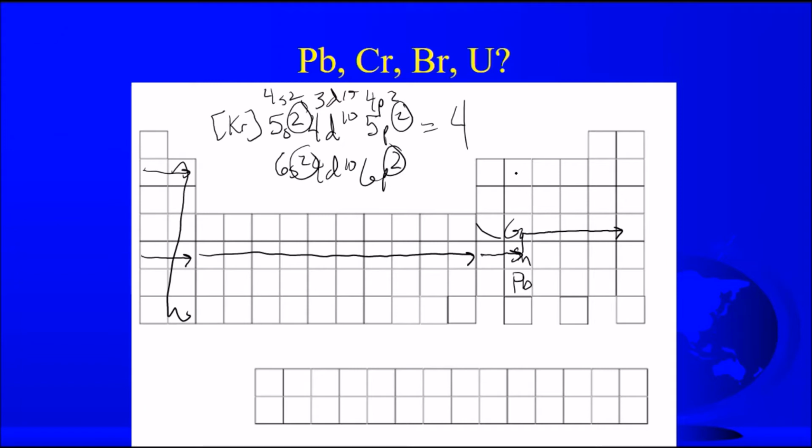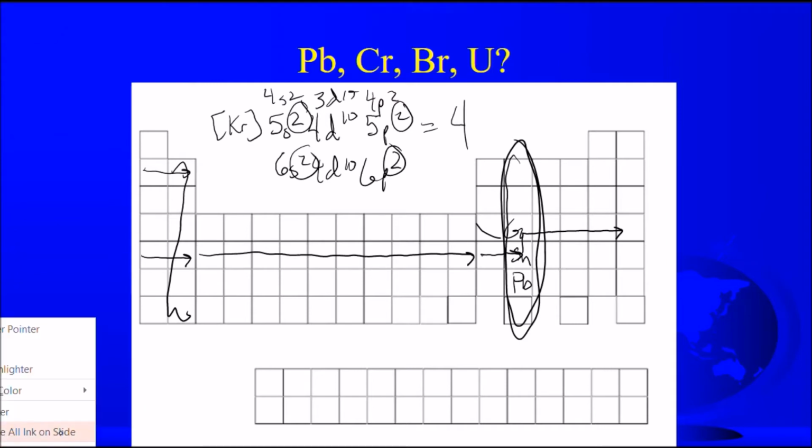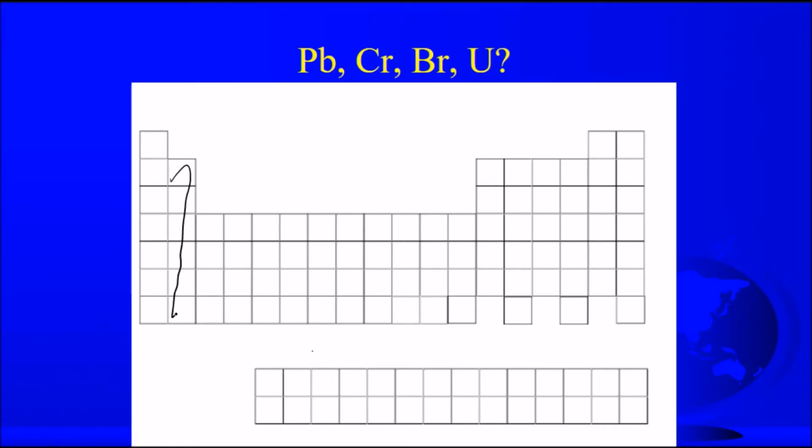Everybody that's in this entire column will have the same outer shell, and that outer shell is 2 in the s, 2 in the p, for a total of 4. So just by looking at the periodic table, we know that everybody in that column has 4.